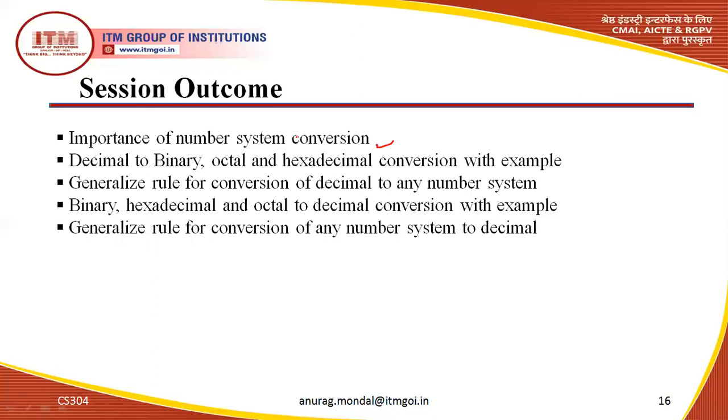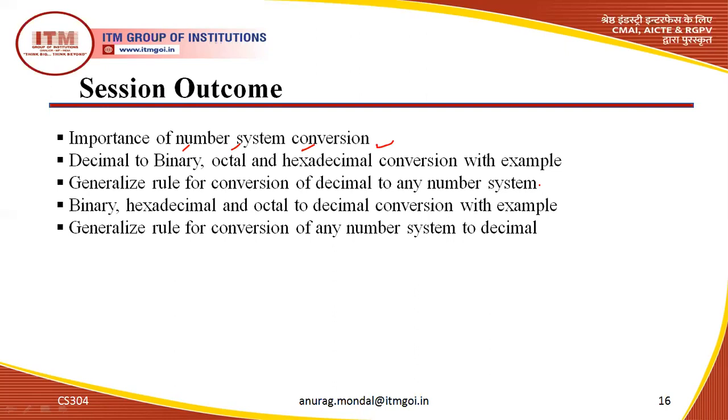So we need the importance of binary conversion. Next, decimal to binary, octal and hexadecimal conversion with an example. Then we have the generalized rule.